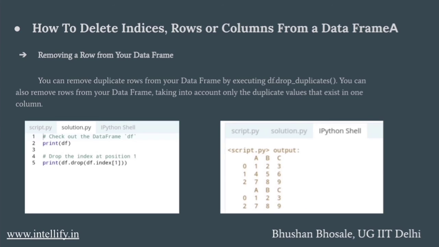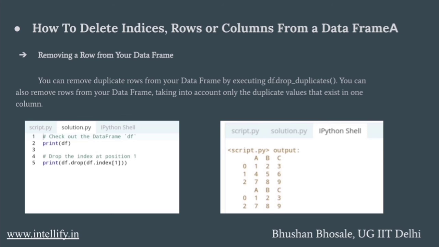Now let's take a look at removing a row from your data frame. You can remove duplicate rows from your data frame by executing df.drop_duplicates. We have also seen this in deleting an index. You can also remove rows from your data frame taking into account only the duplicate values that exist in one column.